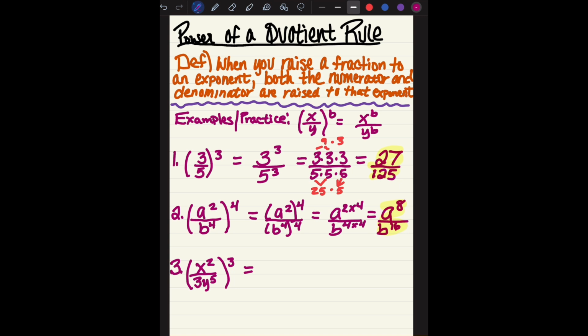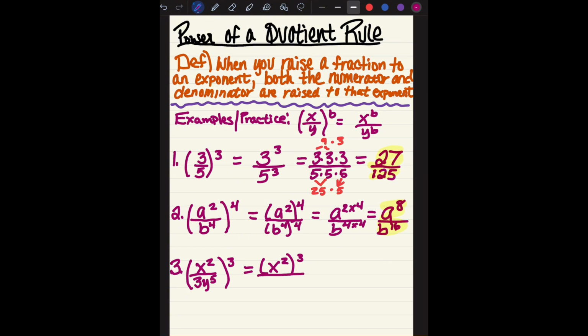So we've got x squared over 3y to the 5th power, raised to the 3rd power. Okay, let's break it down. We've got x squared raised to the 3rd power. That's our numerator.